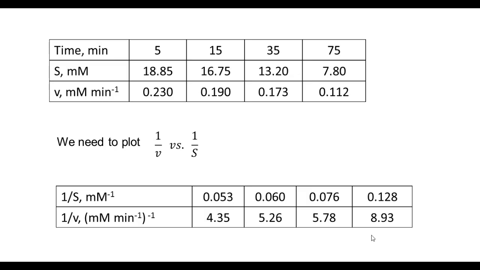Now, it's best to use a spreadsheet to plot. You can use a graph sheet to plot, or you can use a spreadsheet to plot. Let me show it to you using a spreadsheet.